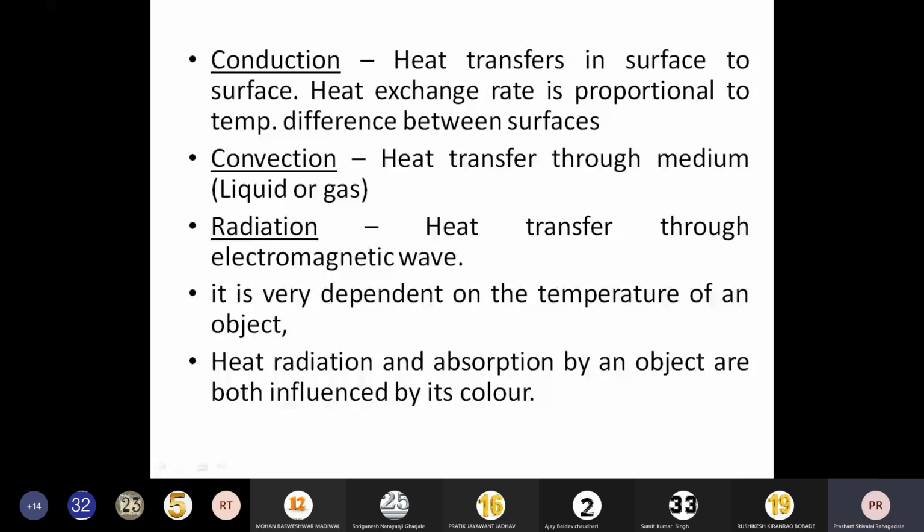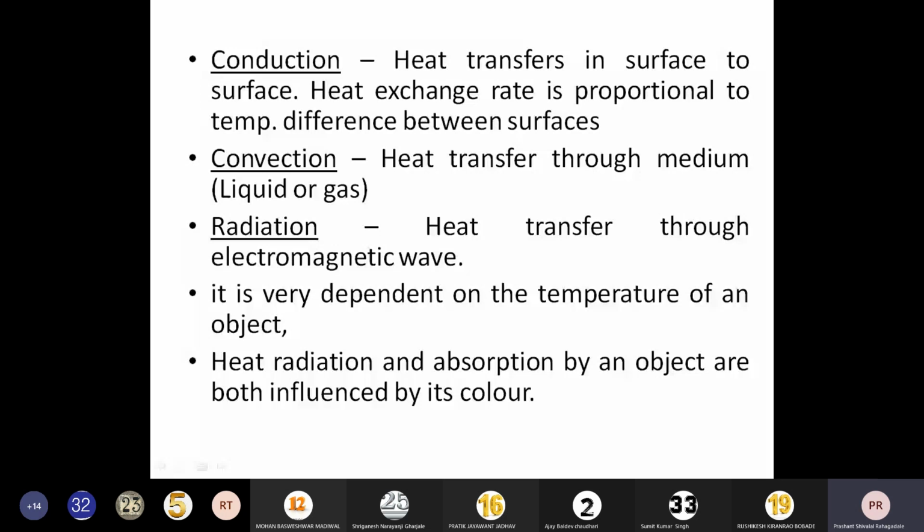The rate of exchange is determined by what? The temperature difference between the two substances and by their thermal conductivity. Okay? We do pressing, what do we do in ironing? When you iron, your iron is hot, that is conduction.